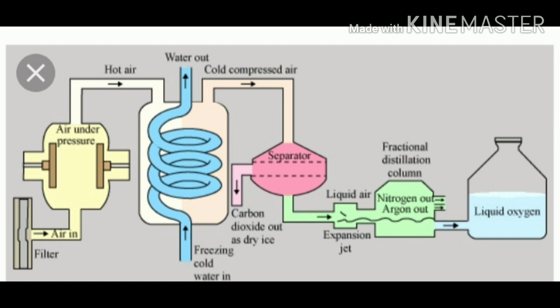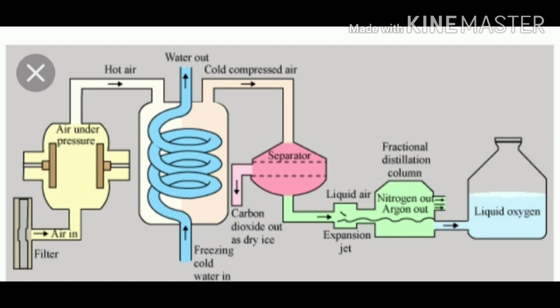Then it is passed through another compartment where the liquid oxygen separates, because it has a higher boiling point compared to nitrogen and argon. This is how the different gases present in air can be separated by the process of fractional distillation.